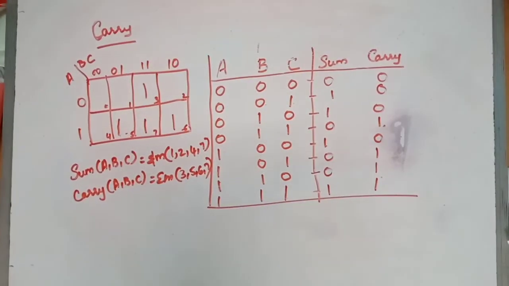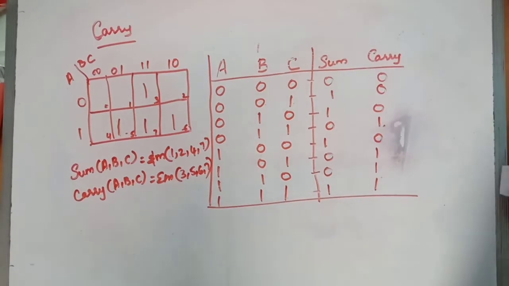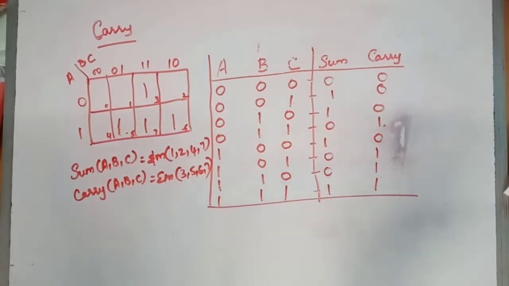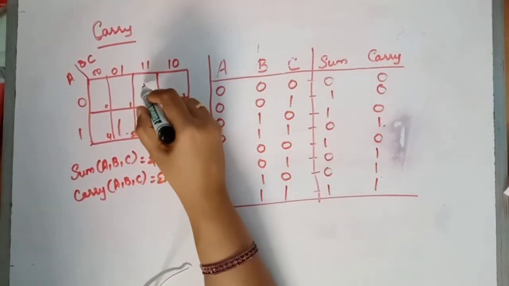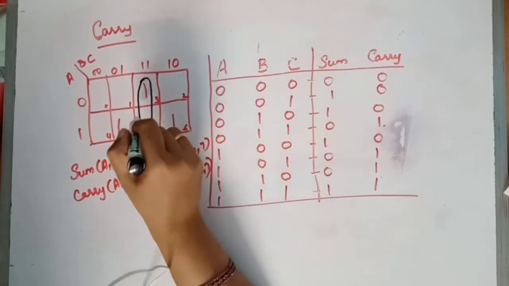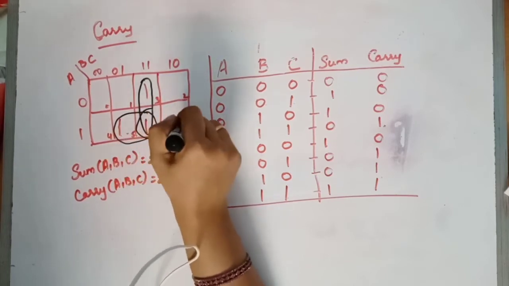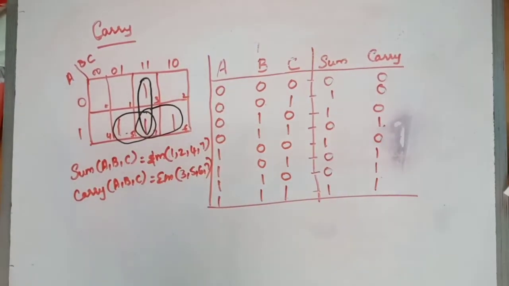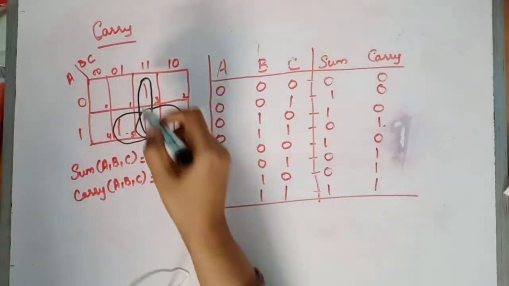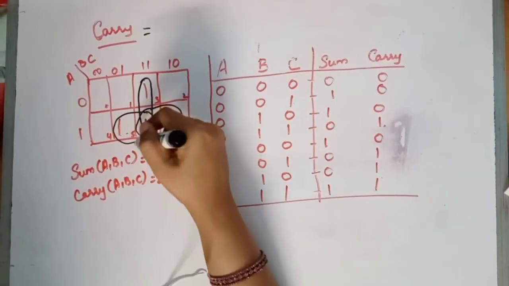So you have to combine this, group this. So here you can group like this, you can group like this. The best possible grouping is like this, right? So carry, how will you write? Carry is equal to, what is this?